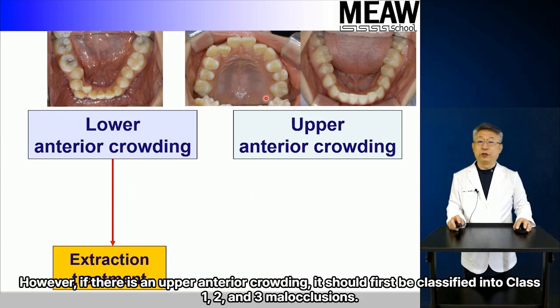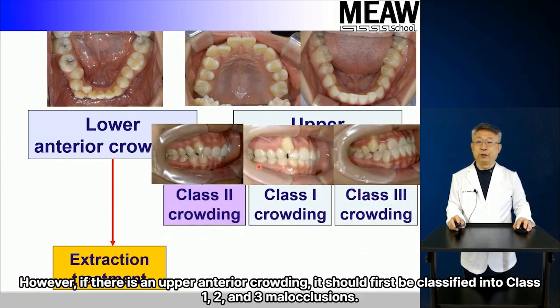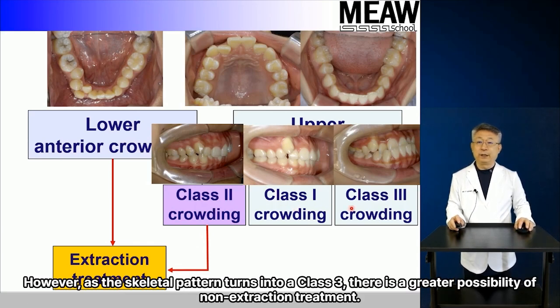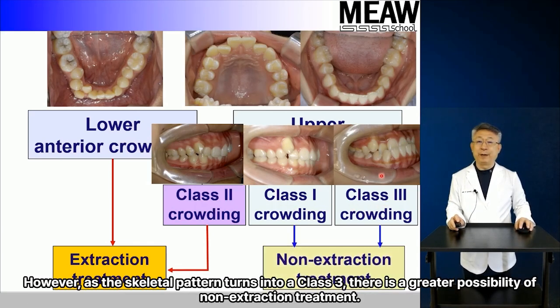However, if there is an upper anterior crowding, it should first be classified into class 1, 2, and 3 malocclusions. In class 2 crowding cases, there is a possibility of only upper premolar extraction. However, as the skeletal pattern turns into a class 3, there is a greater possibility of non-extraction treatment.